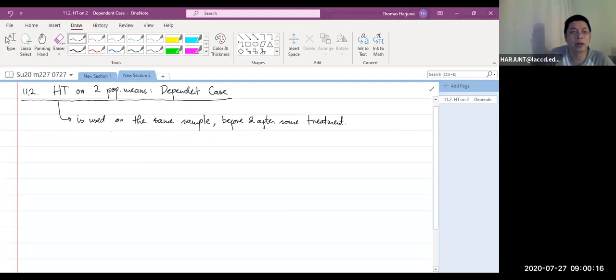For example, we have a group of students, and we want to see if an SAT prep is helpful in improving SAT score.